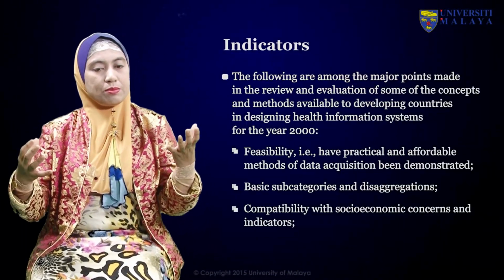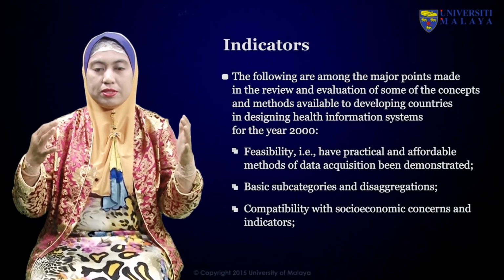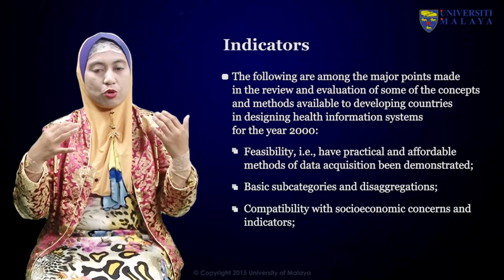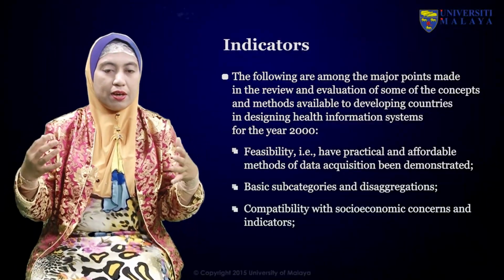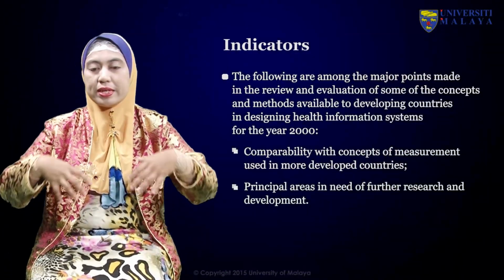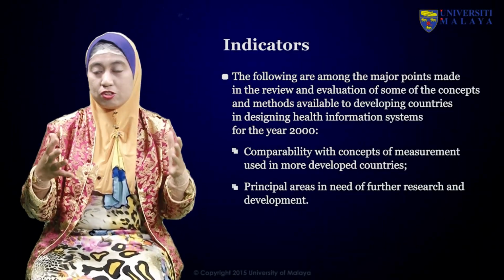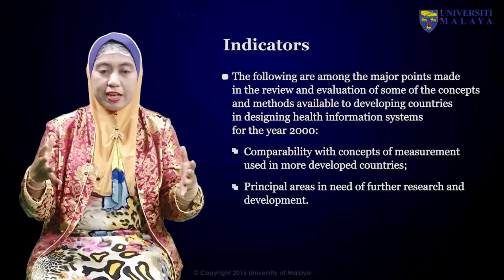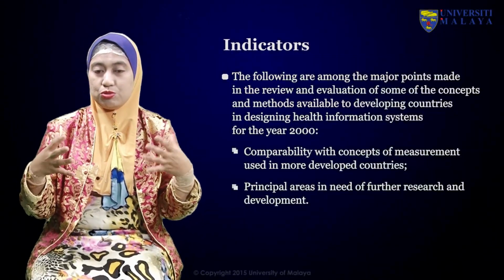The third is because we have to see whether it is compatible with the social and economic concerns and indicators. And finally, we usually want to go further into research and development of certain illnesses, diseases or health behaviors, and so we need indicators in order to do that.